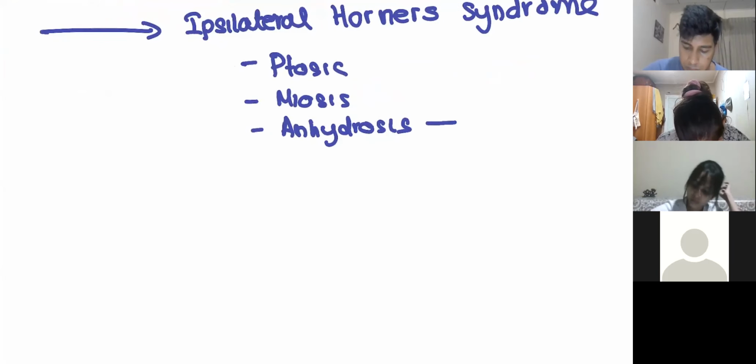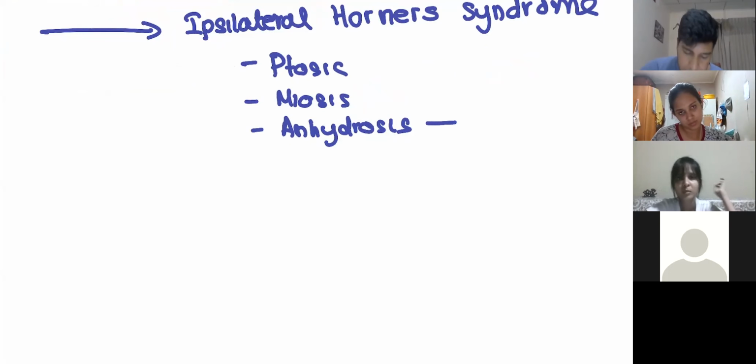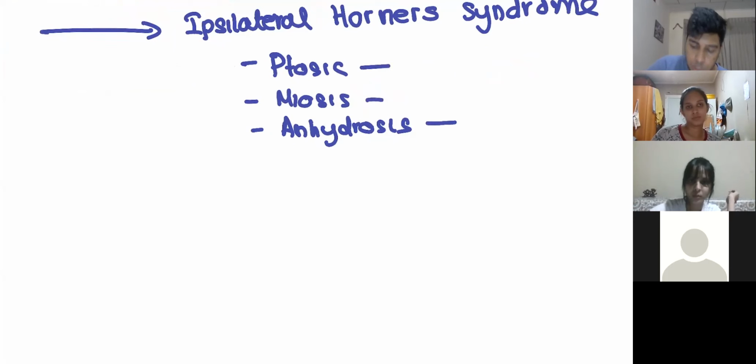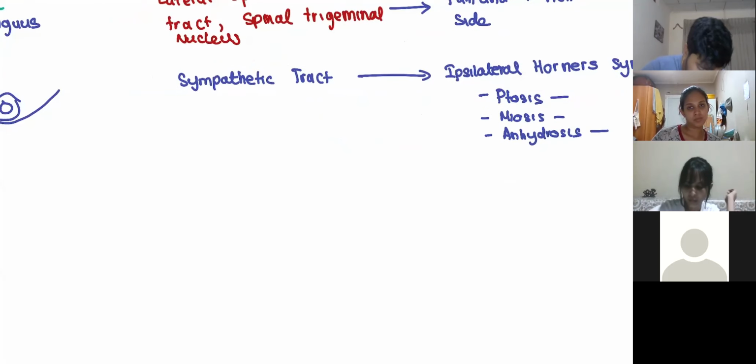Failure to sweat, anhidrosis. Hydro, water. A means whenever you add an A in front of something, that is absent. Miosis is contracted pupil. Ptosis is basically drooping eyelid. Remember, in a fight or flight response, you need to have a dilated pupil. So when there's damage, this is going to be affected.